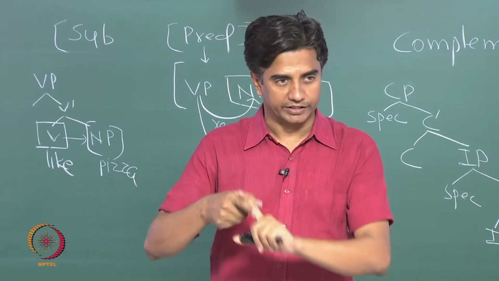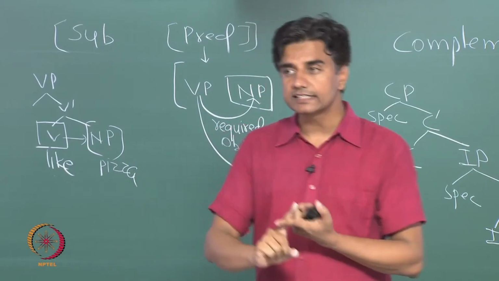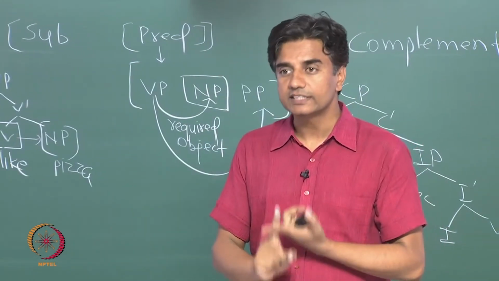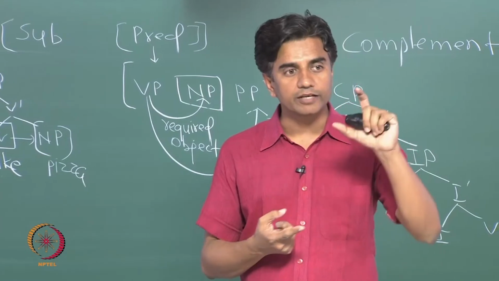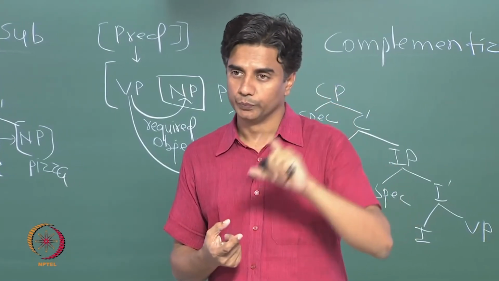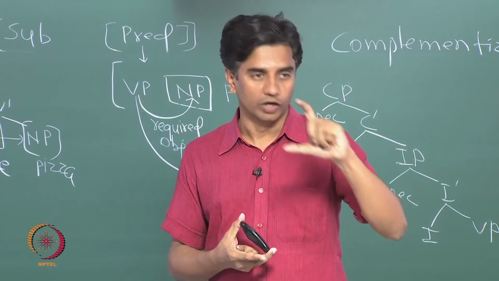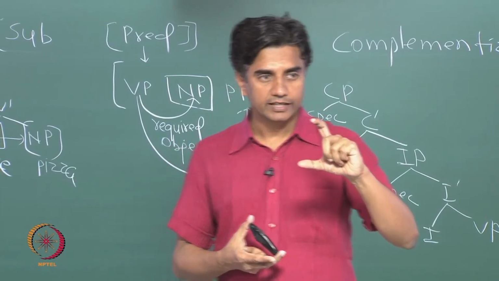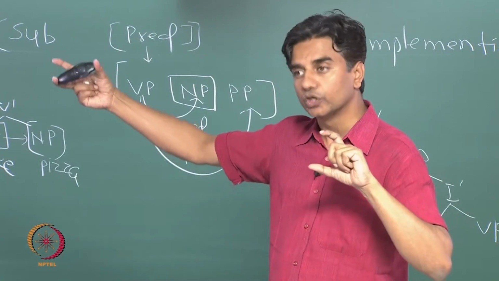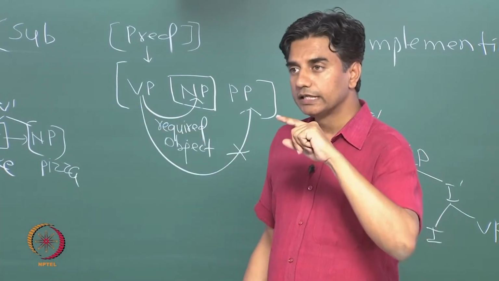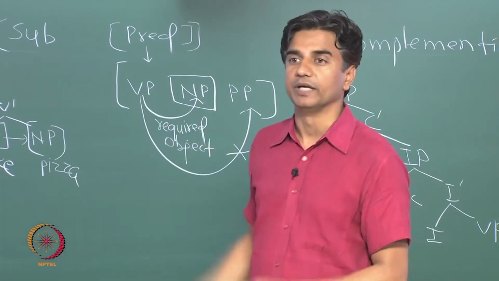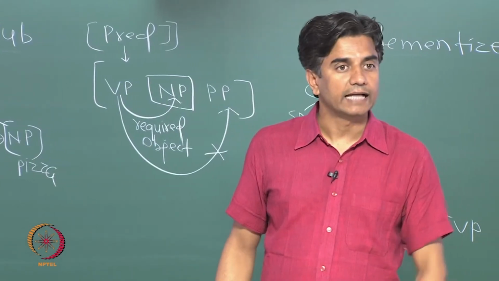Okay, that's one point. The second point is, while discussing categorical selection, we are saying that a category like know, what category does know belong to? Verb, right? A head like know could need at times a CP as its complement.